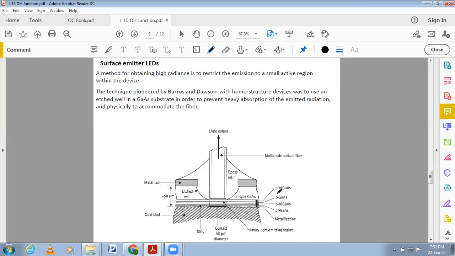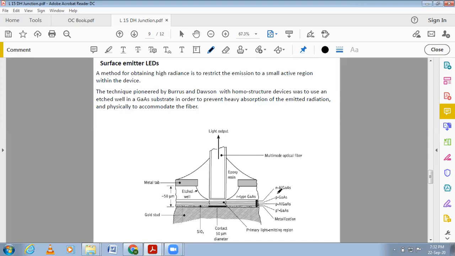So in previous structures, we have seen that absorption occurred in the material, and mostly photons were absorbed by the material itself, due to total internal reflection and due to the impurities or imperfections in the material.